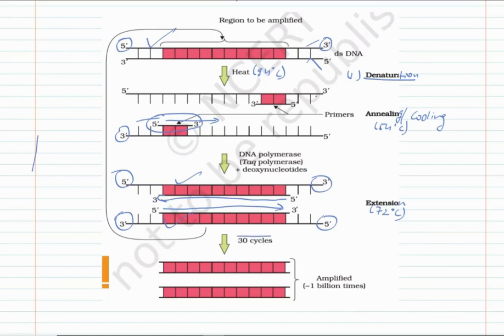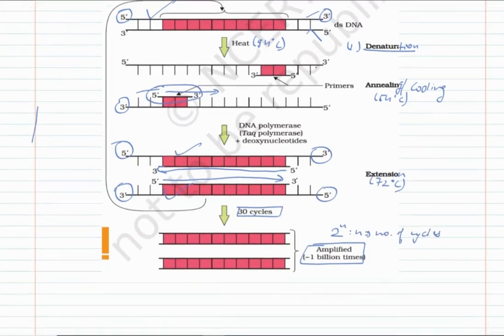When 30 cycles operate, our DNA will be amplified to around 1 billion times. How? The number of times the DNA is amplified is given as 2 raised to the power n, where n is equal to the number of cycles.